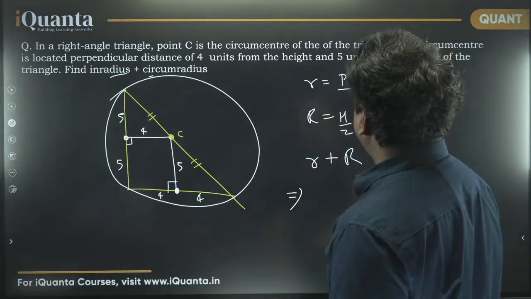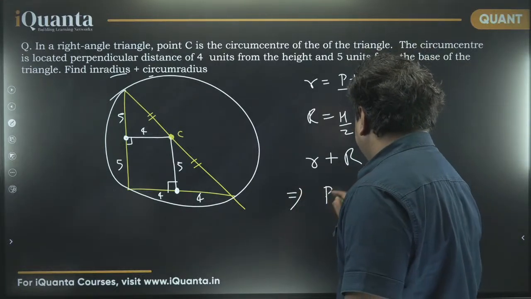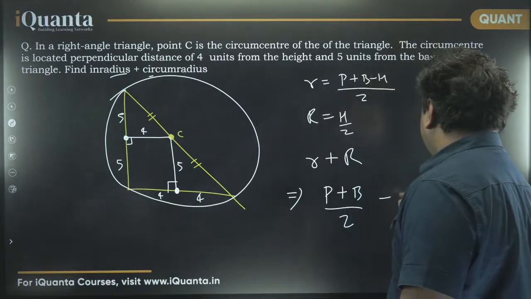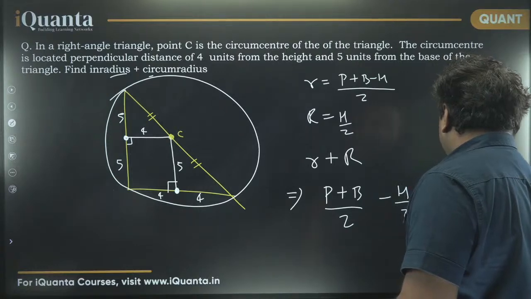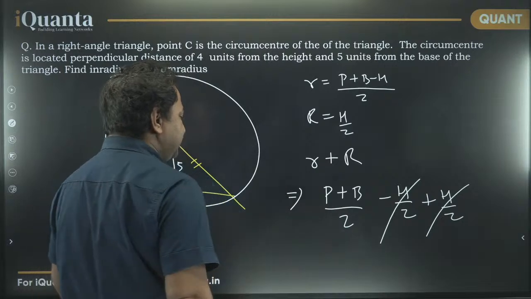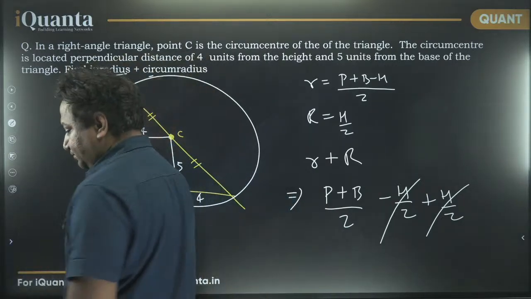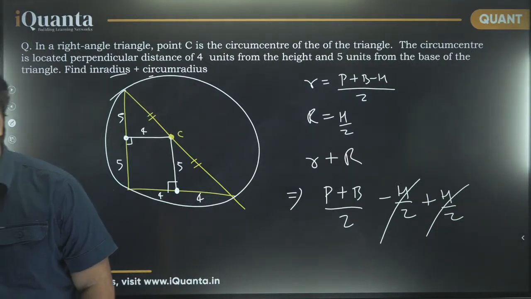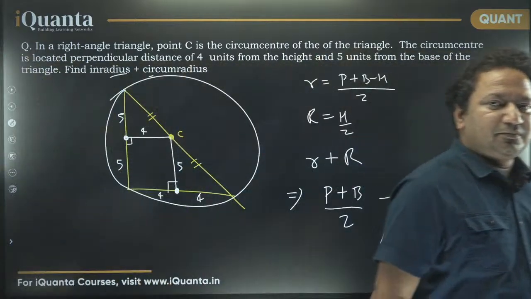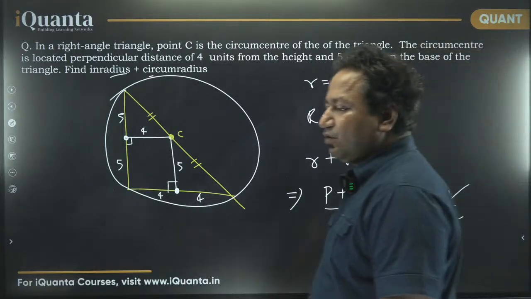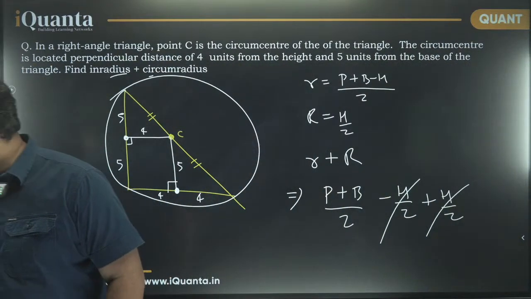Look, let's add them. So P plus B by 2, minus H by 2 plus H by 2, this gets cancelled. All we are concerned with is P plus B whole upon 2. Isn't it? So we want the value of P plus B whole upon 2.